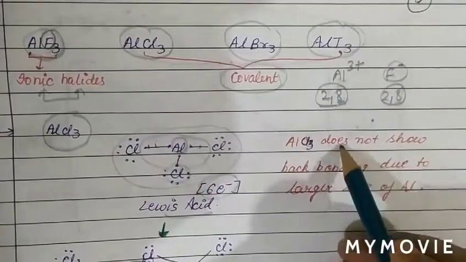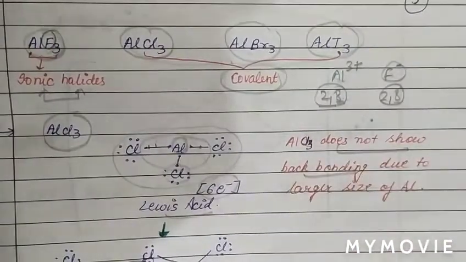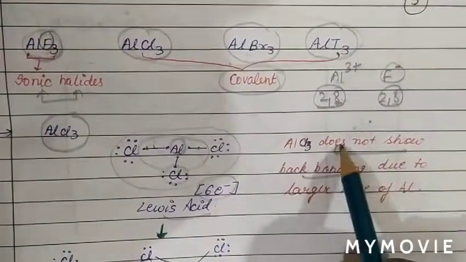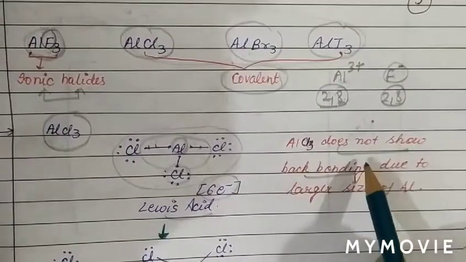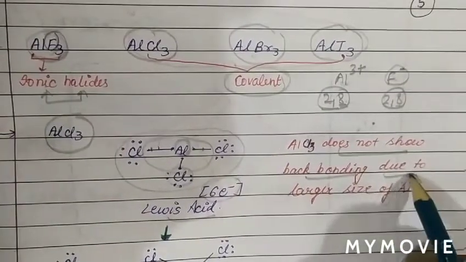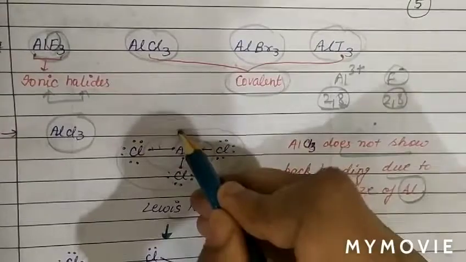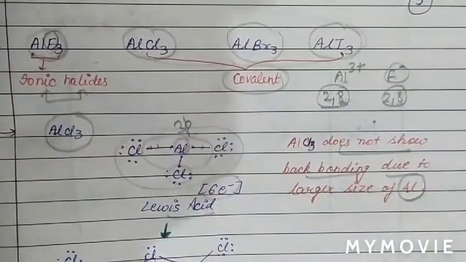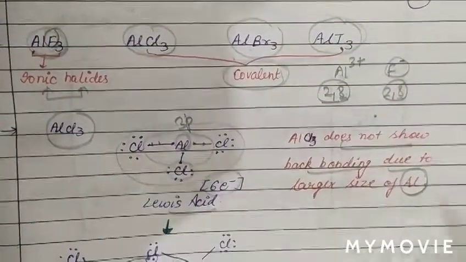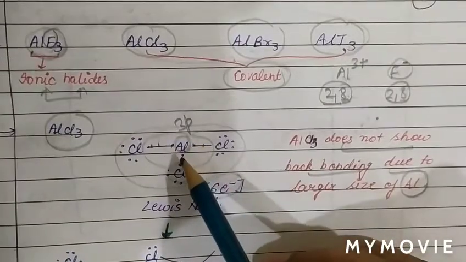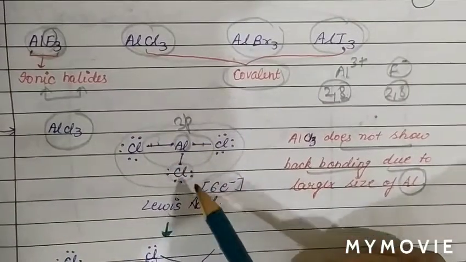So AlCl3 does not show back bonding like BF3, due to the larger size of aluminium, because aluminium belongs to the 3p orbital, while boron belongs to the 2p orbital, therefore it can form back bonding.